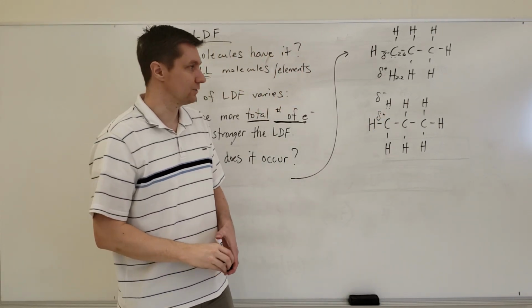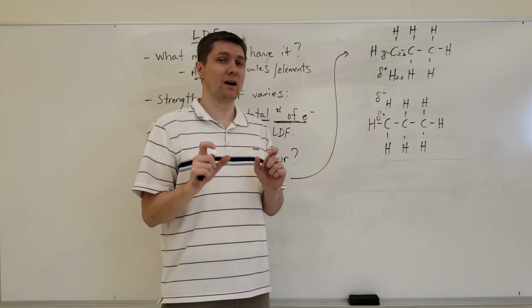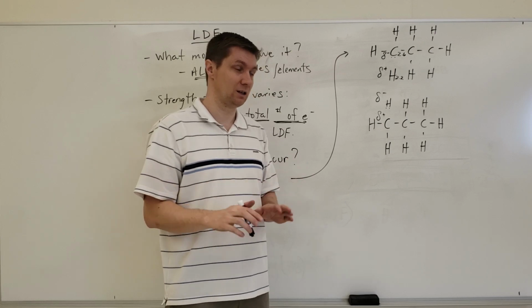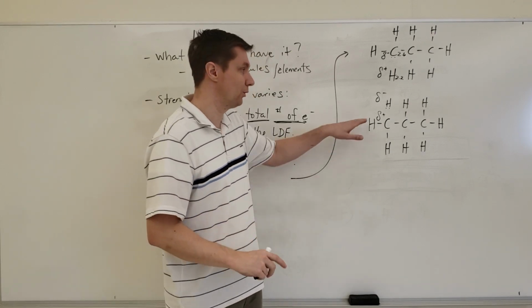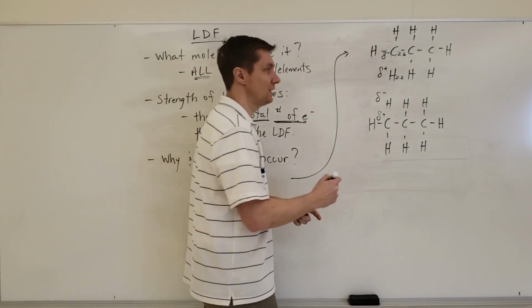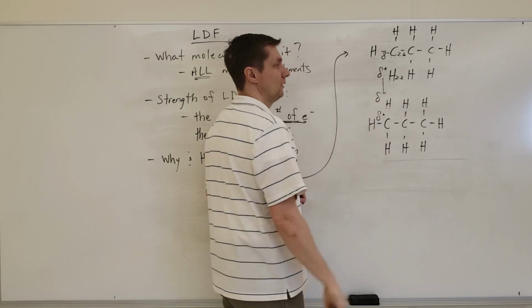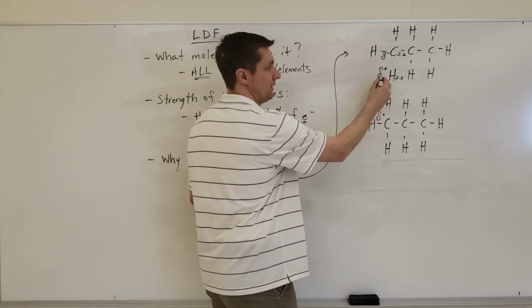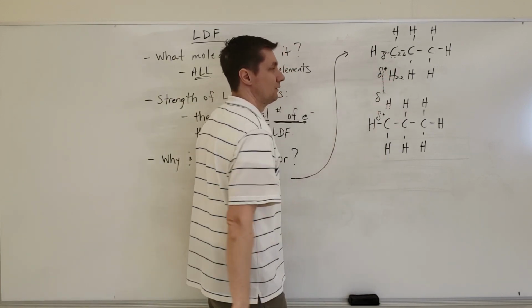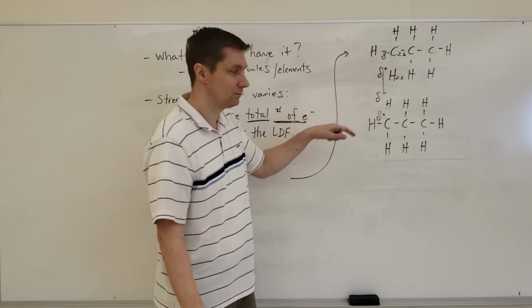And so what we have here is, within this non-polar molecule, a very temporary, and that's a key word here, very temporary dipole that forms within this molecule and within this molecule. And you can see that if two dipoles form in a similar location, then the positive nature of this dipole is going to attract with the negative nature of this dipole.